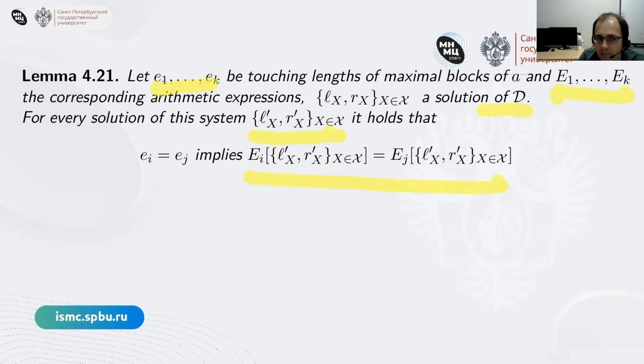So if we substitute those other values into this system, we would still get the equality. And this is true just by the definition. If e_i was equal to e_j, then we added an equation e_i equals e_j or something equivalent, like a chain of equalities which implied this one. So if something is a solution, then in particular it satisfies this equation.